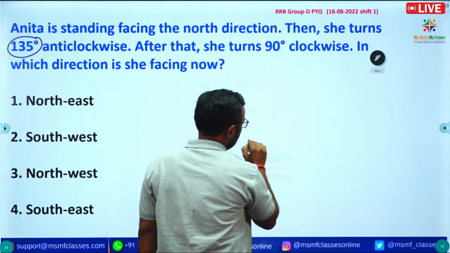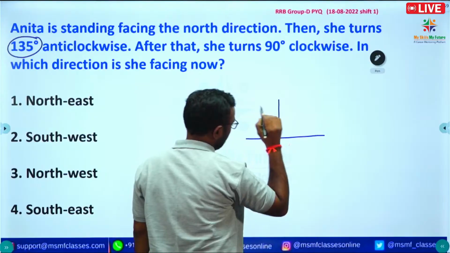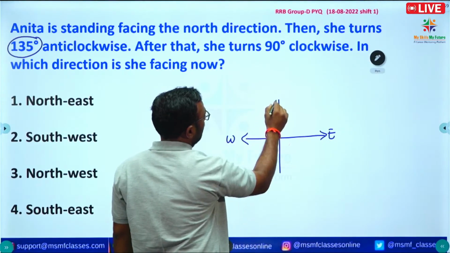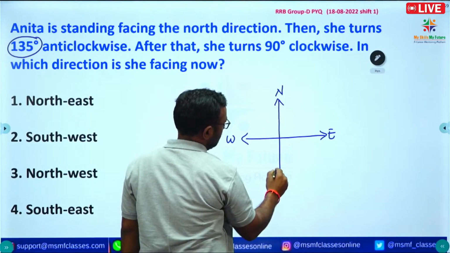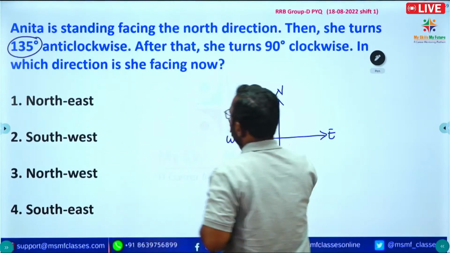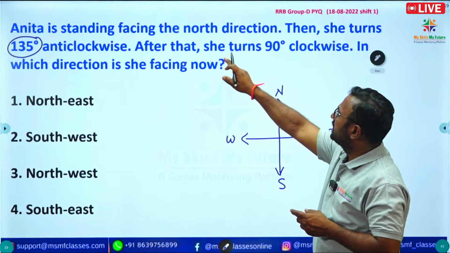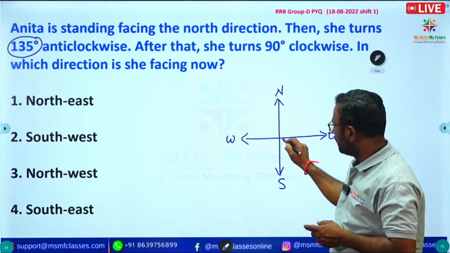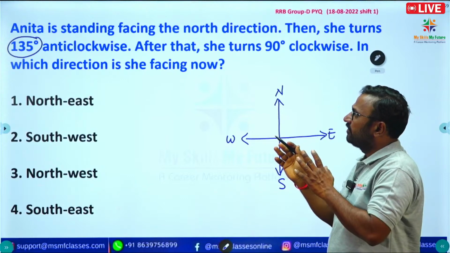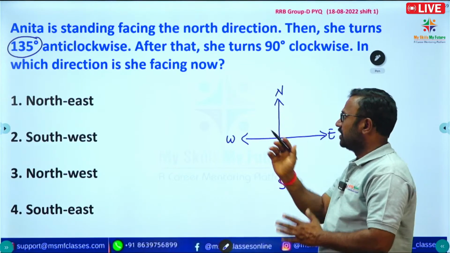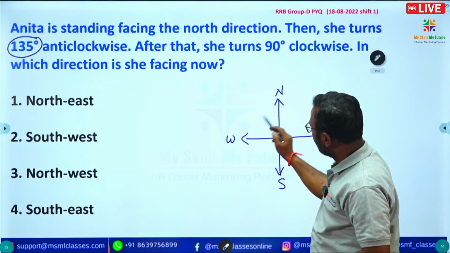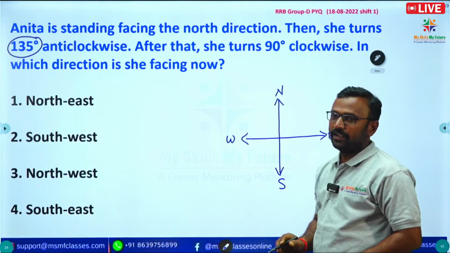First of all, just draw the directions: east, west, north, south. Anita is standing facing the north direction. Then she turns 135 degrees anti-clockwise. So here she moves anti-clockwise by 135 degrees.